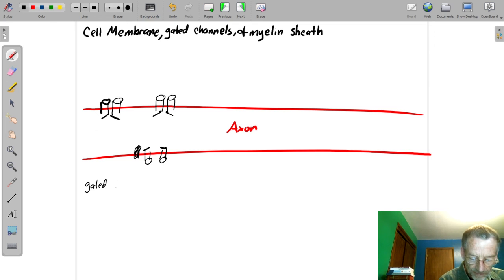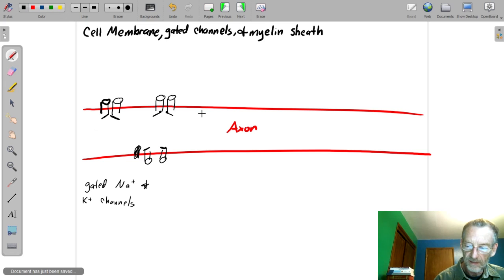So we just looked at gated sodium and potassium channels. You may also remember that on most of these neurons that we're looking at, sensory and somatic motor, they're very fast. To get a fast stimulus response going, they are myelinated.